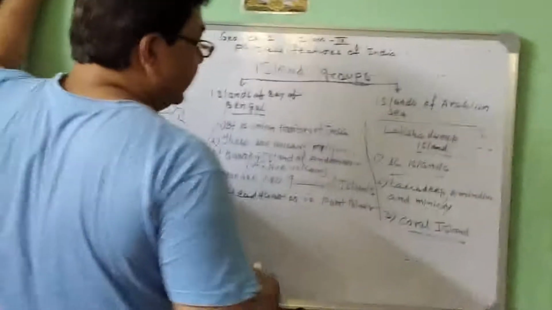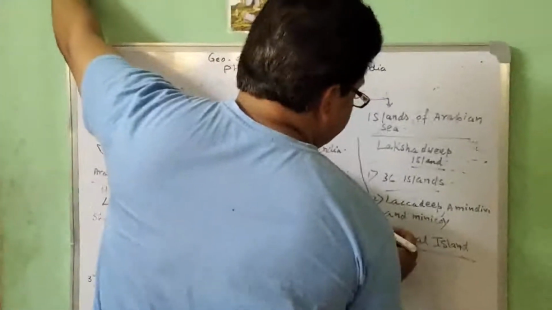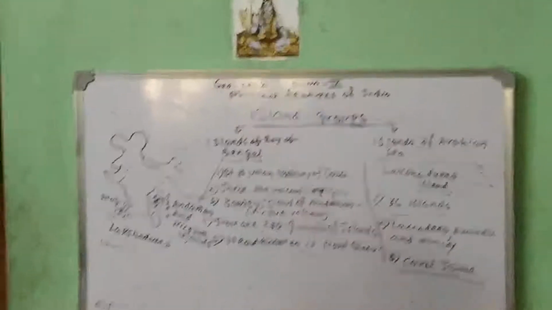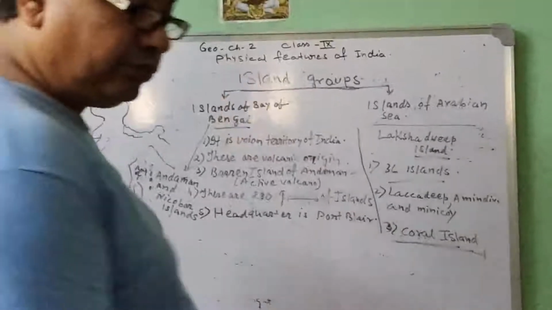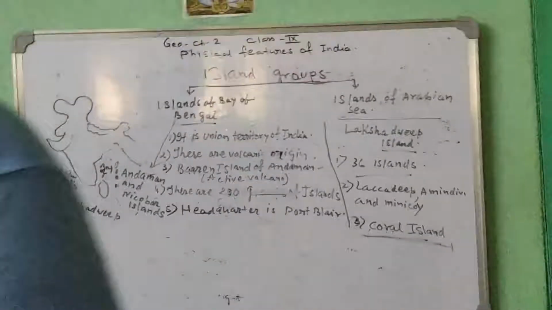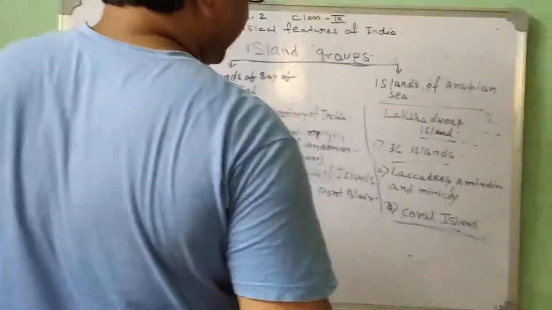It is a coral island because it is made by coral polyps deposited by the sea waves. So you can understand about the Andaman and Nicobar Islands and Lakshadweep.